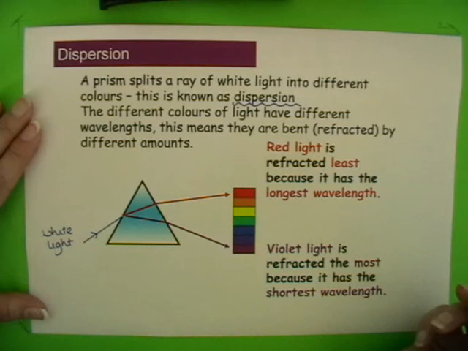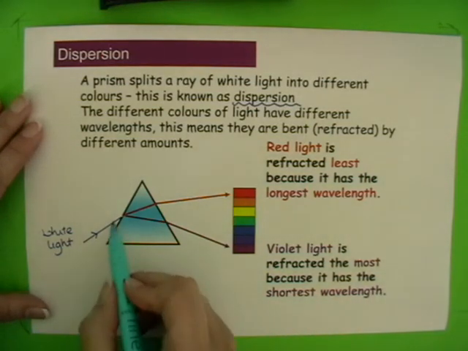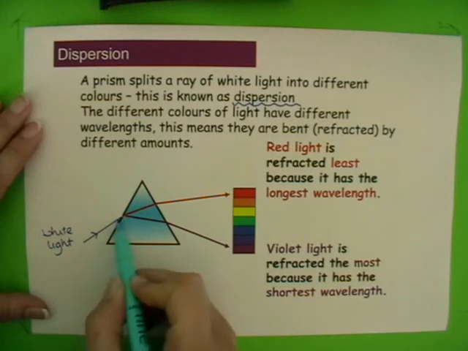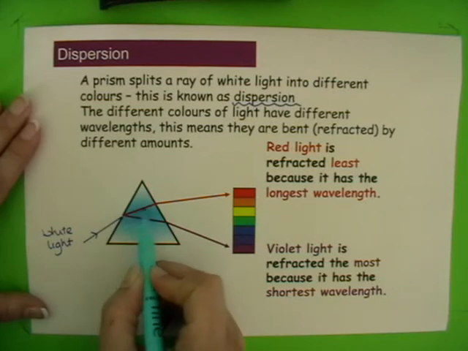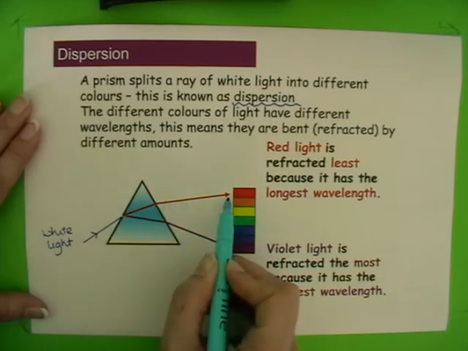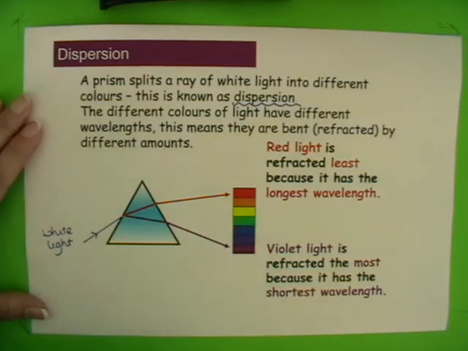The different colours of light have different wavelengths, and they are refracted then by different amounts. Whenever the white light meets the surface, each of the different colours are refracted by a different amount. The red light is refracted least because it has the longest wavelength, and the violet light is refracted most.